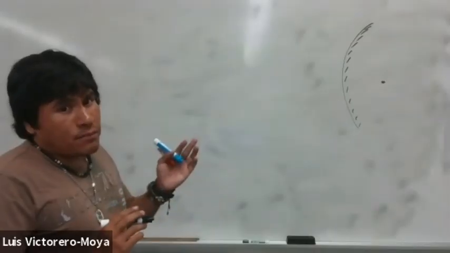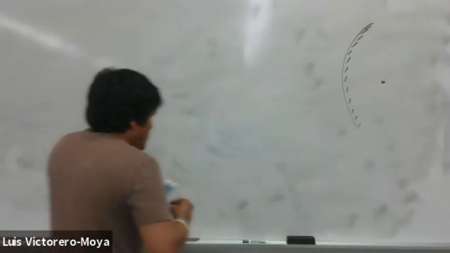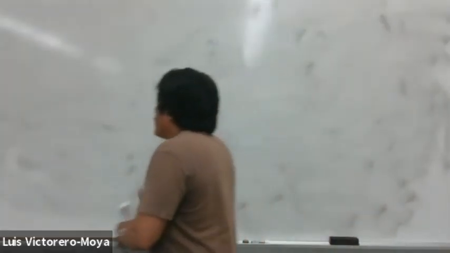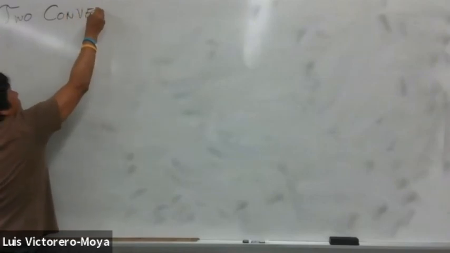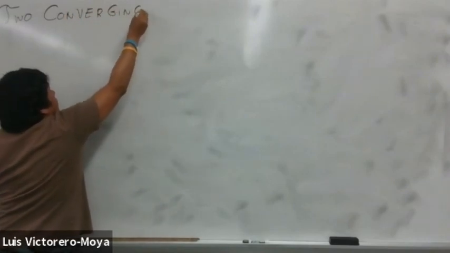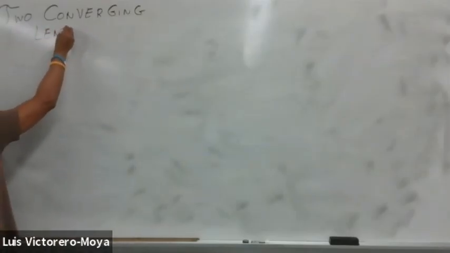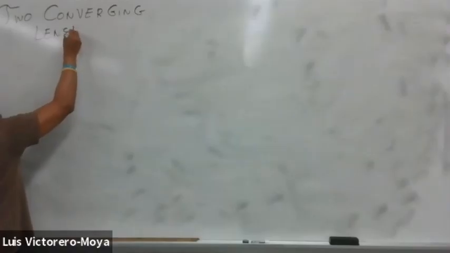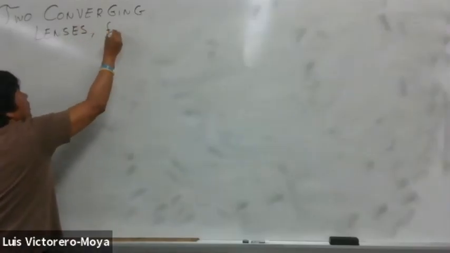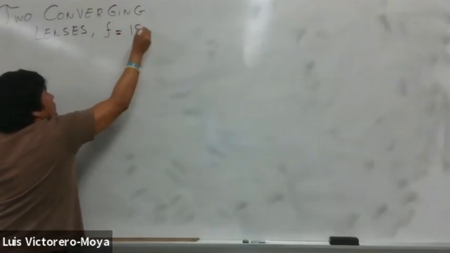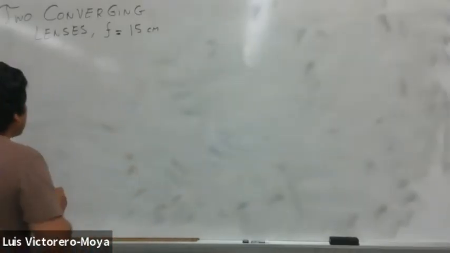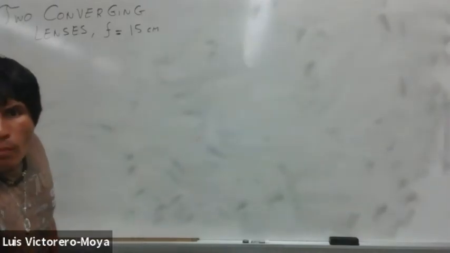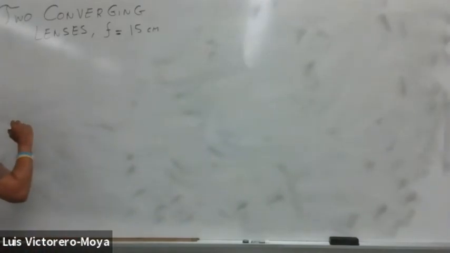They give you two converging lenses, each with a focal length of 15 centimeters, and they are placed 40 centimeters apart. And then the object is in front of one of the lenses, 30 centimeters away.